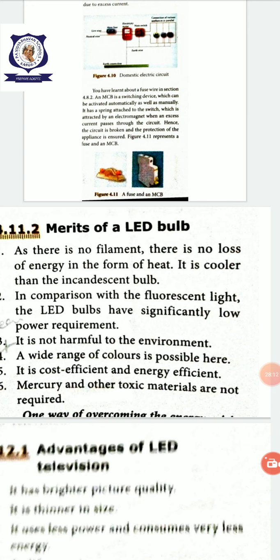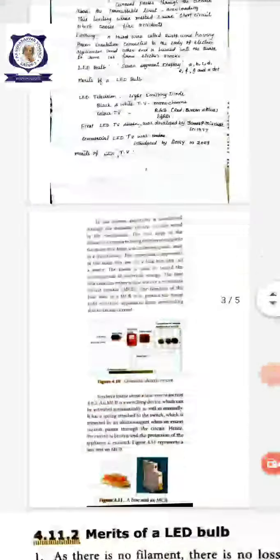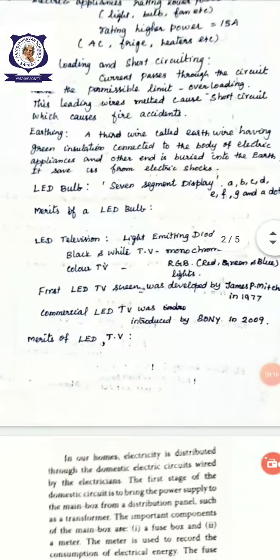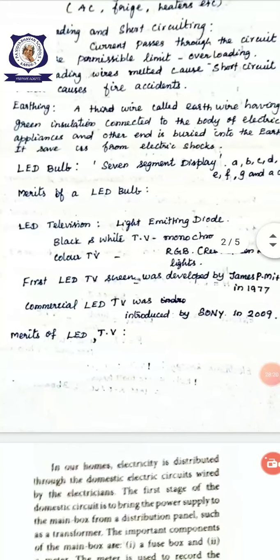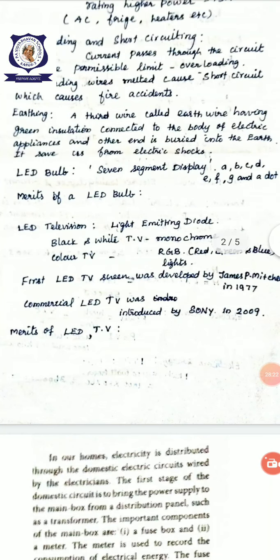In the case of liquid crystal display, first the same light emitting diode is used as a TV screen. First we use only black and white, that is called monochrome. Monochrome means normally we are using only white light. From that white light, the pictures may be black and white.